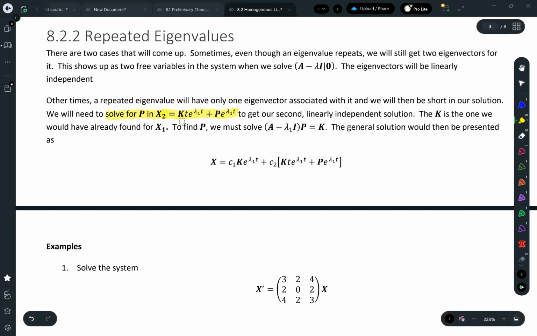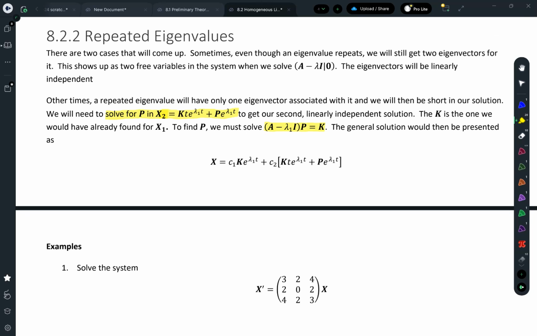x2 will be a linear combination of our k vector that's from x1, or sorry, from that one row of zeros, along with this p vector that we have to find. The k is the one that we've already found. So to find p, what we're going to do is solve A minus lambda 1 I all times p set equal to the k that we already know.